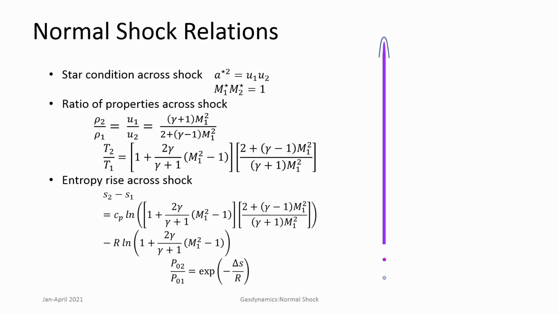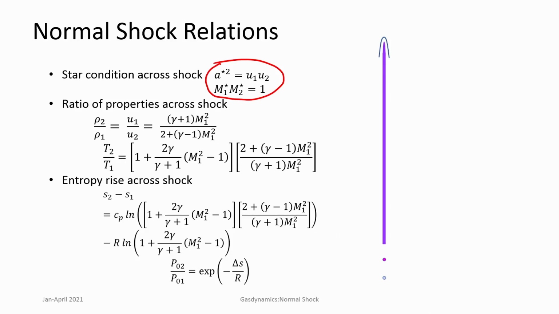Just to give a quick recap, the important relationship that we get is that of the Prandtl's relation for normal shocks, which is M1 star M2 star equal to 1. The main principle used here is that it is an adiabatic flow, and in adiabatic flow the star conditions remain constant.